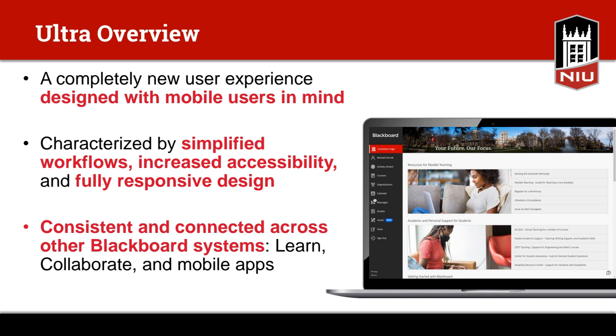So the idea is you have the same experience, whether you're on a computer, a laptop, a tablet, or a phone, and that it's consistent across all those systems. The other thing I think that's really important about the move to Ultra is that it does increase accessibility for all of our students. So, to me, that's probably the biggest and most important reason to make the move, because it is going to make it more accessible for everyone.